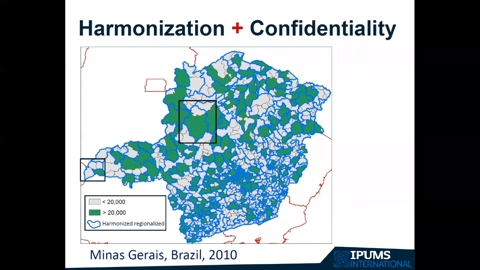As an example, in the box to the extreme west, we combine three units that have a population below 20,000 to form one unit where the population is greater than 20,000, and the one unit with a population higher than 20,000 is left alone. In the other example, towards the center of the map, we combine another unit which has a population below 20,000 with a unit which has a population greater than 20,000 to preserve confidentiality.